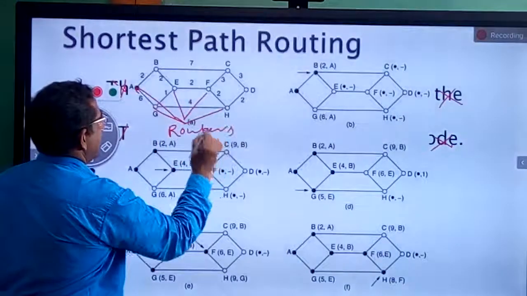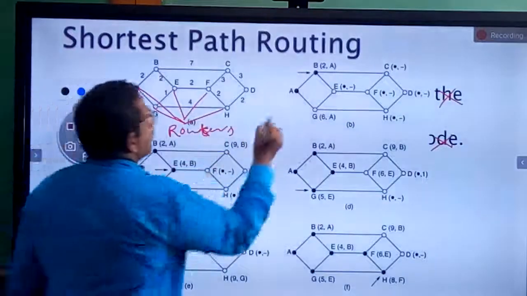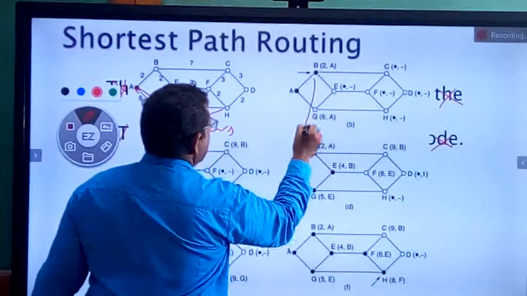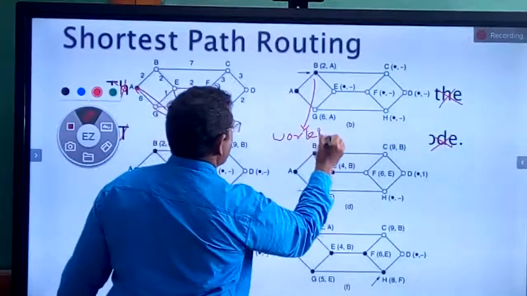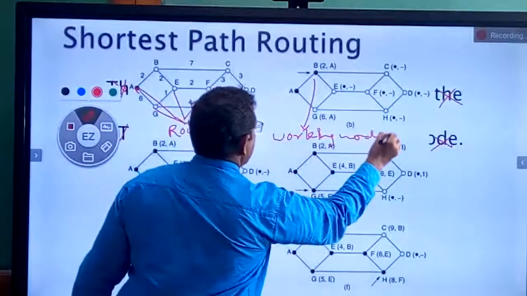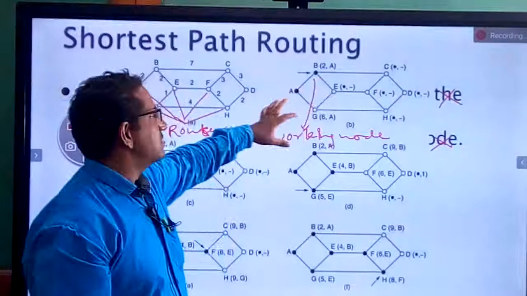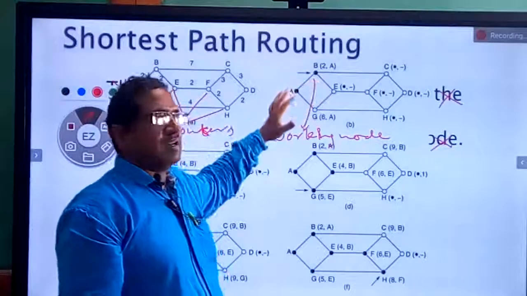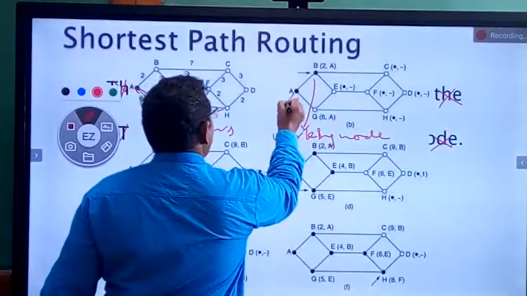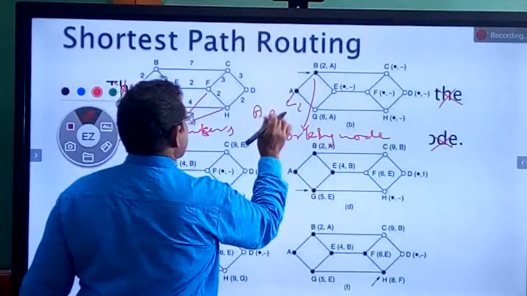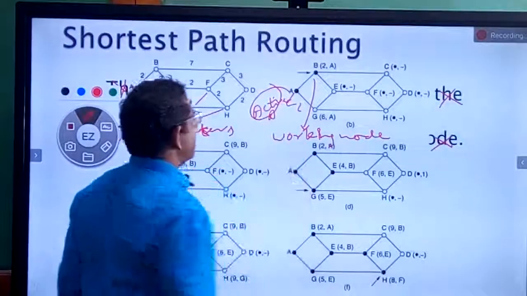Whichever router is with an arrow is known as the working node. And the router which has passed, that means the route has been tested and the source router has been fixed, is known as the active router.